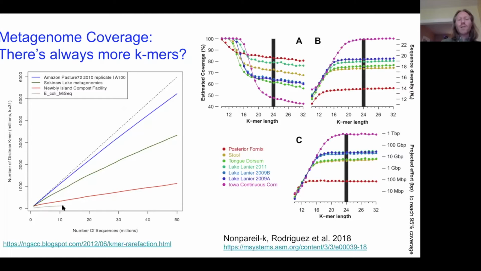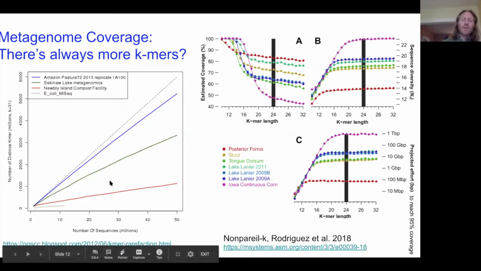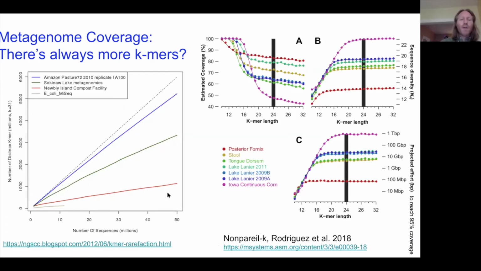And one of the answers to that is sequencing error. So every time you get a new sequencing error in your sequences, that essentially adds 31 k-mers to your data set. So you can also use this almost as an estimate of the error rate of your genome sequencing. And that'll come in important later when we're talking about assembly.